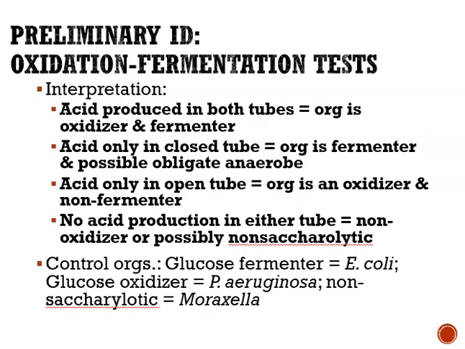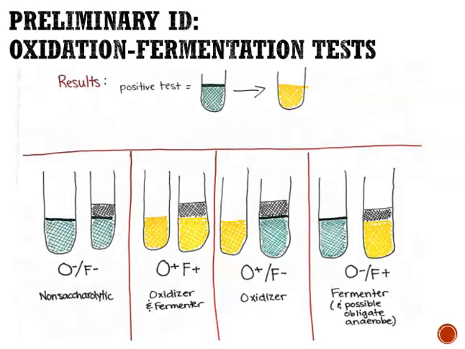So the interpretation of these different results. If you've got acid produced in both tubes, so that would be here because we've had a yellow color change in both our aerobic and our anaerobic tube, then the organism is an oxidizer and a fermenter. If acid is only produced in the closed tube, the closed or the anaerobic tube, sorry, I'm on the wrong one.